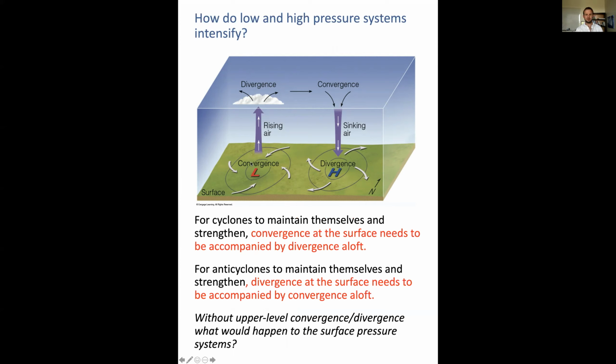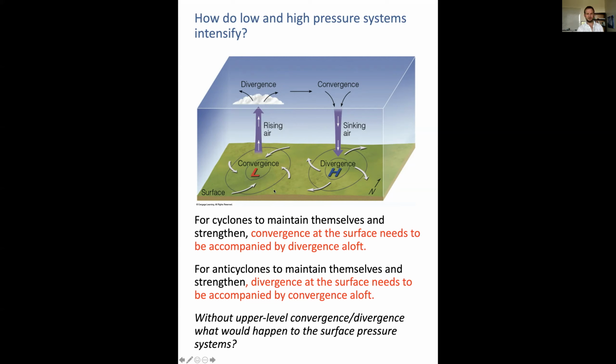And that's important because we need to get rid of this rising air. It needs to go away at the top of the atmospheric column. Otherwise, the mass would pile up in this column and the low pressure system would actually dissolve, because the pressure would rise as a result of this mass pile up in the column.